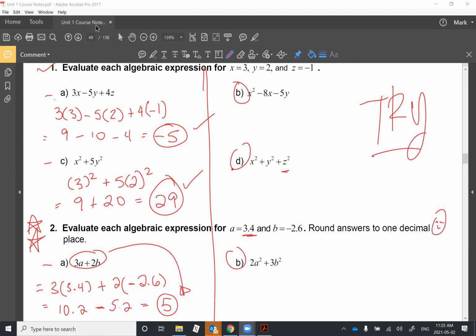Okay, where's my pen? Here we go. So number 1B. All right, so we have x squared. So that's 3. Put the 3 in brackets, guys. 3 squared minus 8 times 3 again, which is fine, minus 5 times 2.